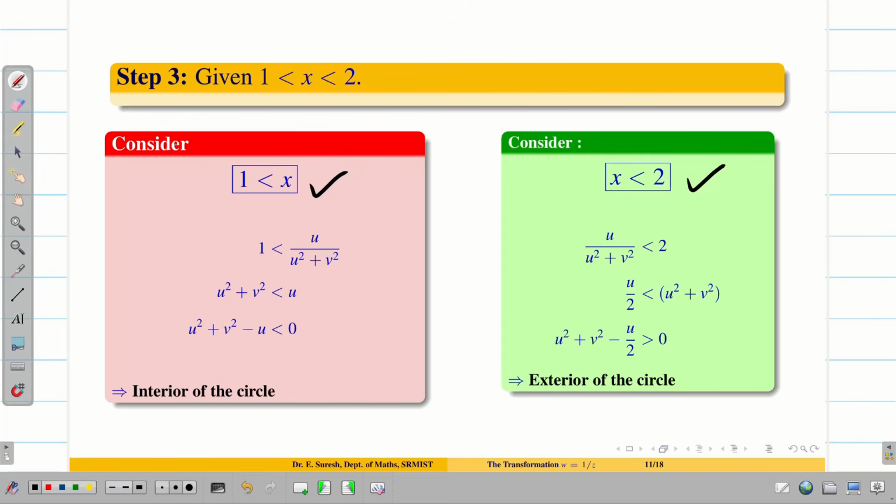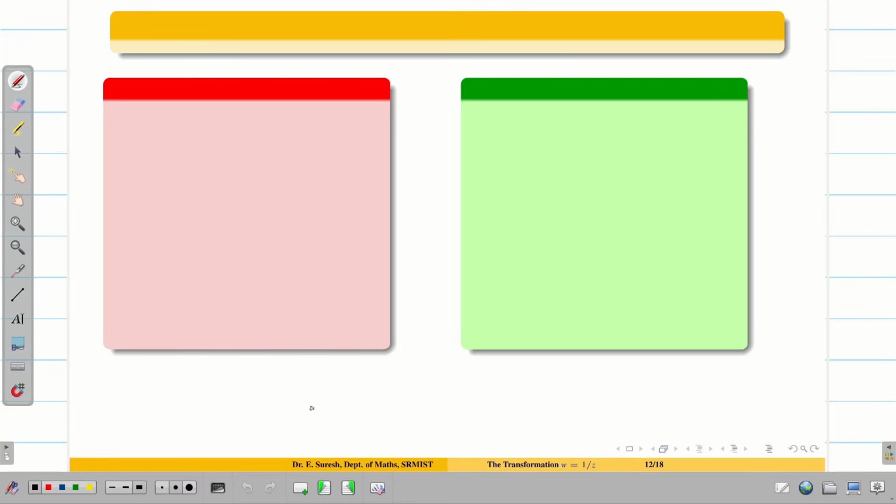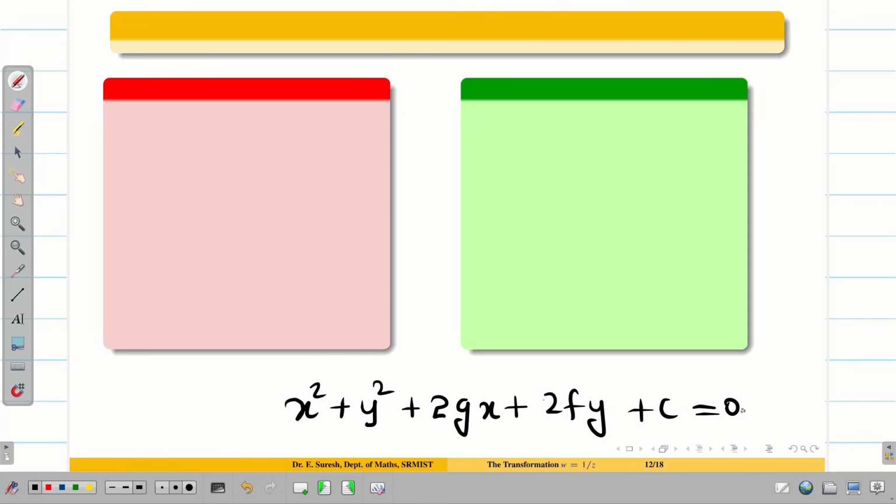Now to draw the diagram, we need the center and radius of these two circles. Just we remember the general formula for circle in our school days. X square plus Y square plus 2gx plus 2fy plus c equal to 0.